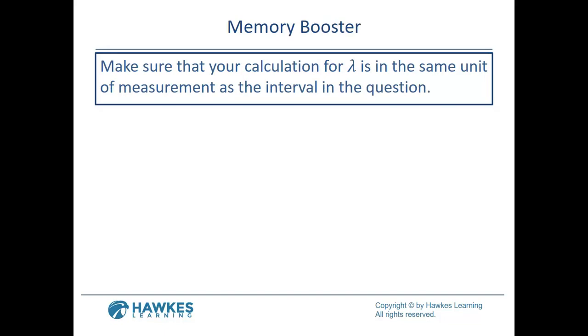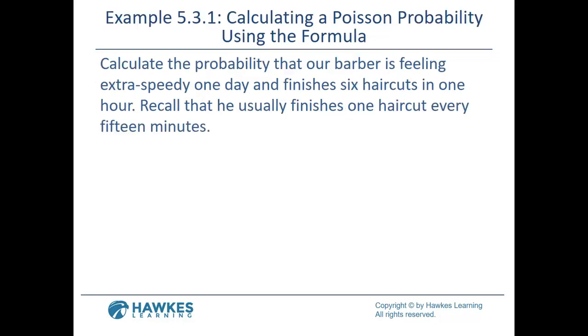One thing I do want to point out: make sure that when you calculate your mean, your lambda, it's in the same unit of measure as the interval in the question. It's very important to keep the interval in question and your mean using the same unit. So if one's talking about minutes and the other one's talking about hours, I need to convert them so they're both in minutes or both in hours.